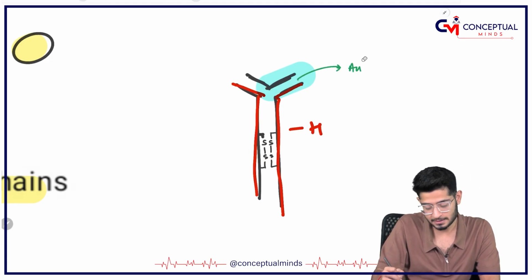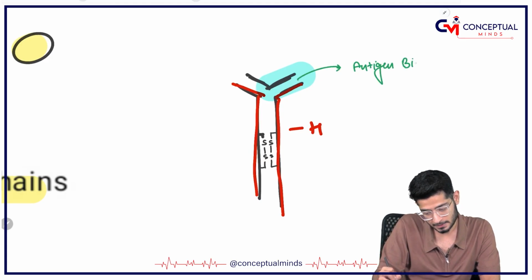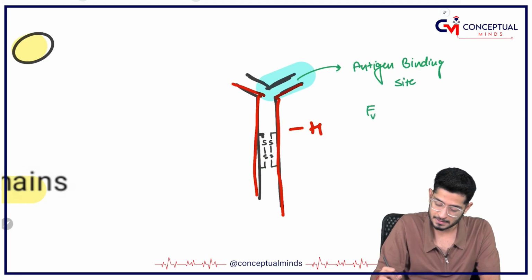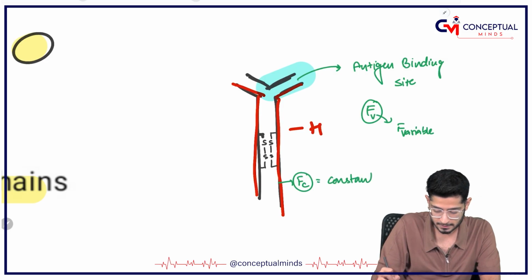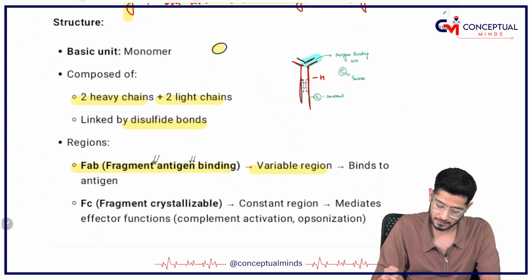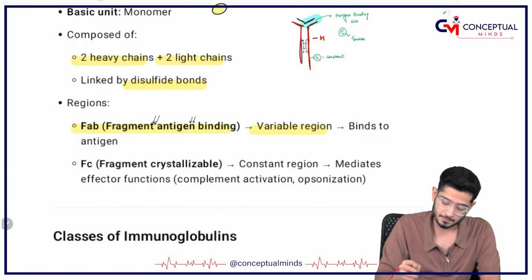Because this is the antigen binding site, this is the variable part, whereas the other part is called FC, and C is going to be the constant one.